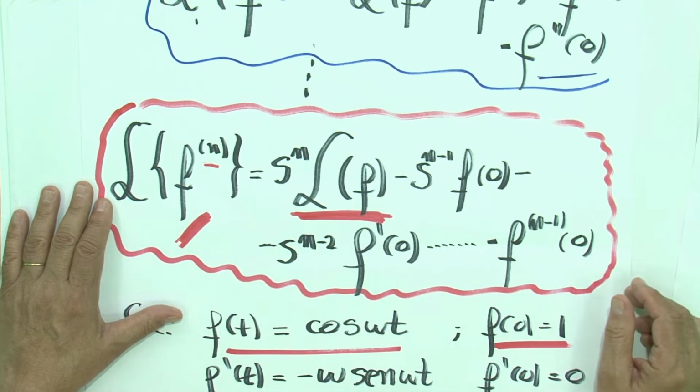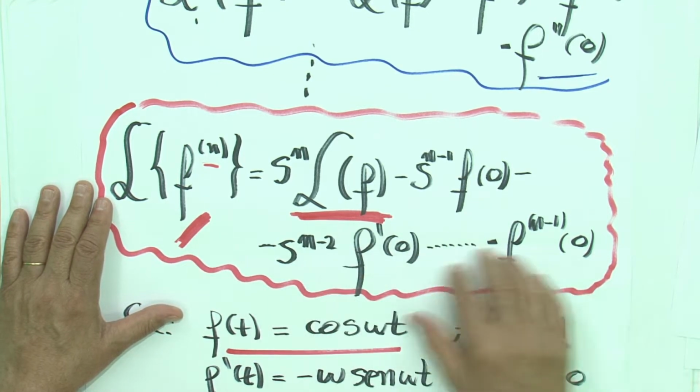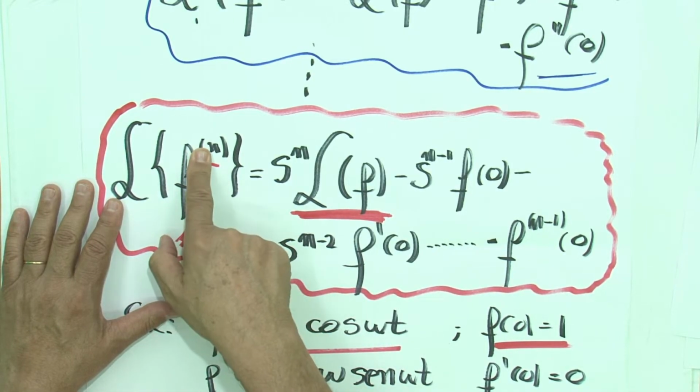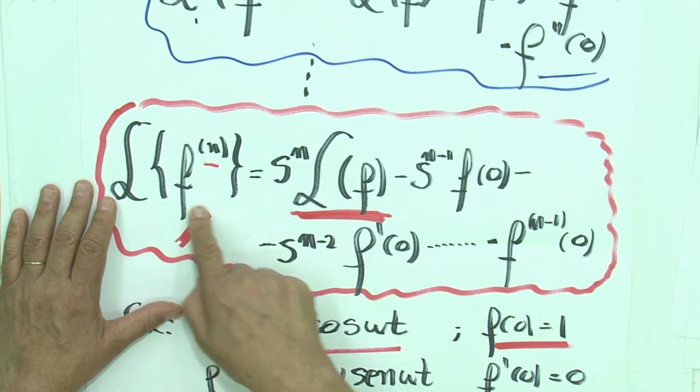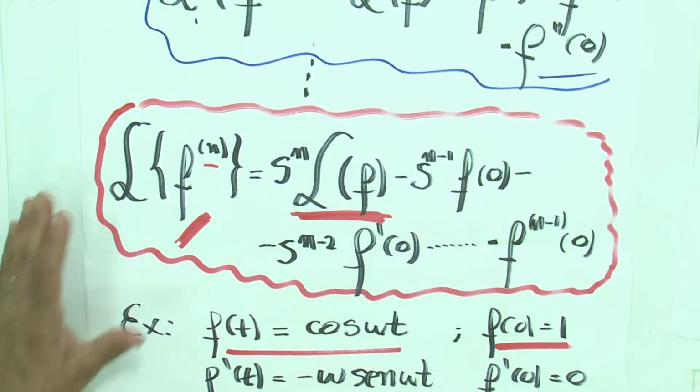So you see, by knowing the initial conditions, which are the value of the function, the first derivative, the second, we can get the Laplace transform of a derivative of any order. And they are all related to the Laplace transform of the function.